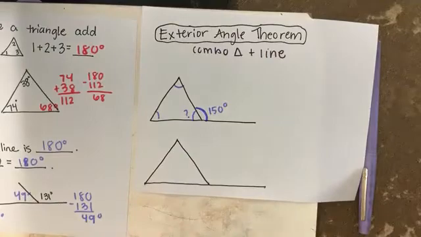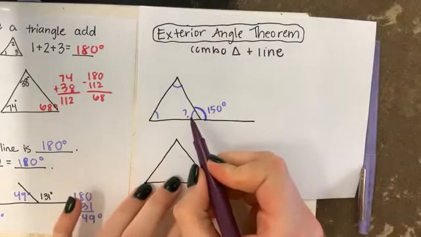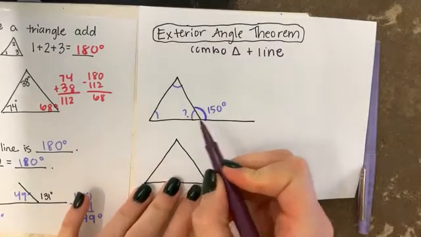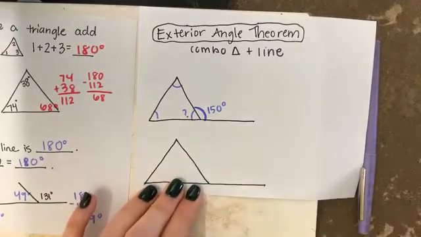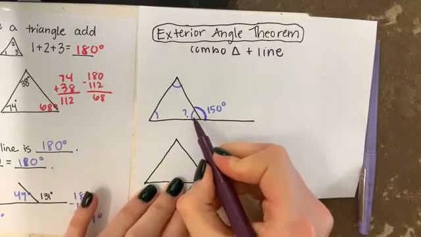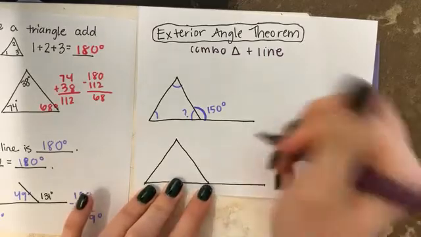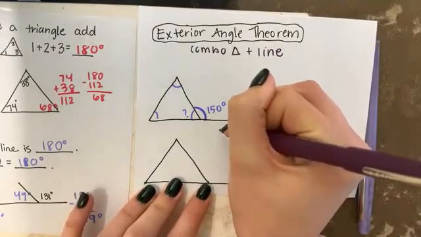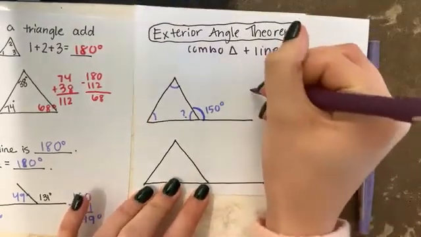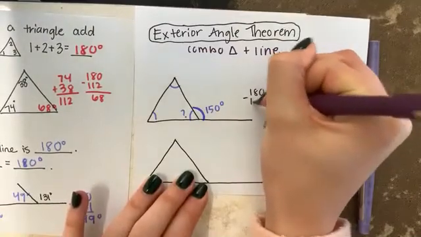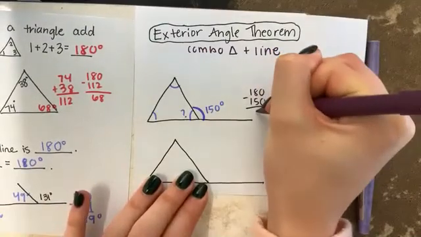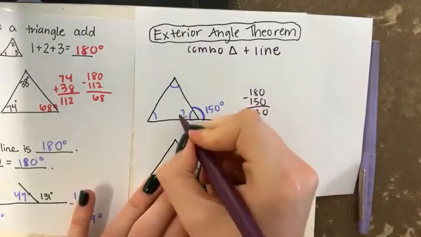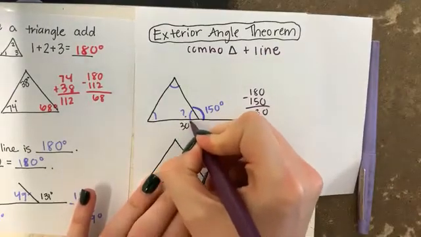What do we know about 150 and this angle? Yes, we have to subtract it from 180 because we know that this angle and this angle added together equal 180. So we're gonna do what we did above. It's 30, so this is 30 degrees.